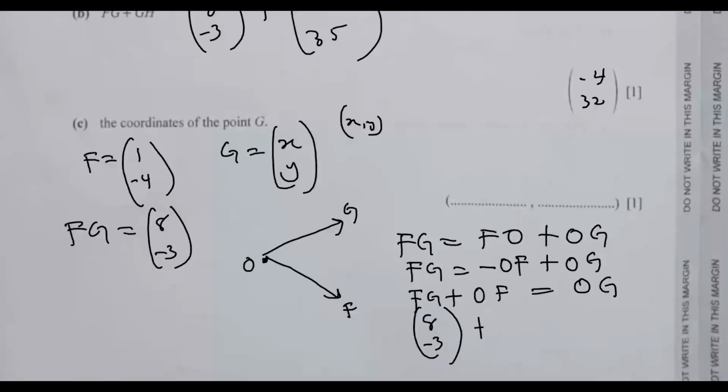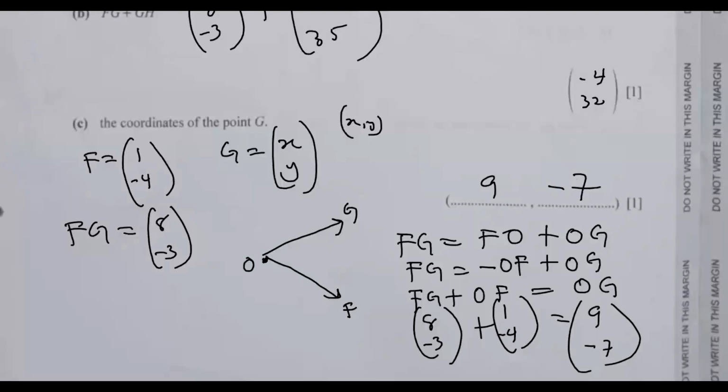Then let's add OF, which is 1 and negative 4 like this. So 8 add 1, that will be 9. Minus 3 add minus 4, that will be negative 7. We have negative 7 here. So that means the coordinates of G are 9, negative 7.